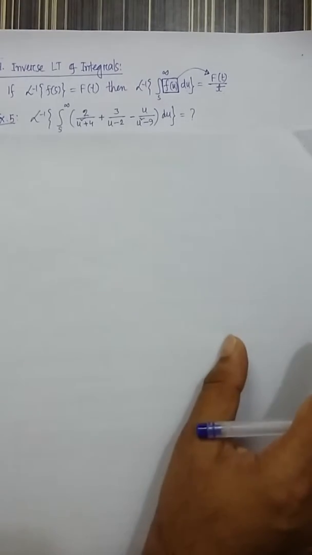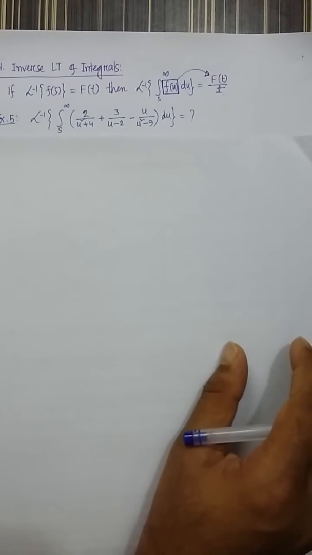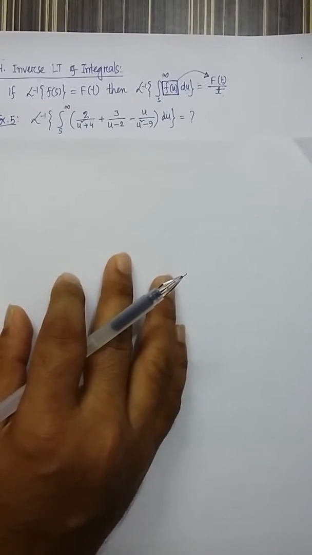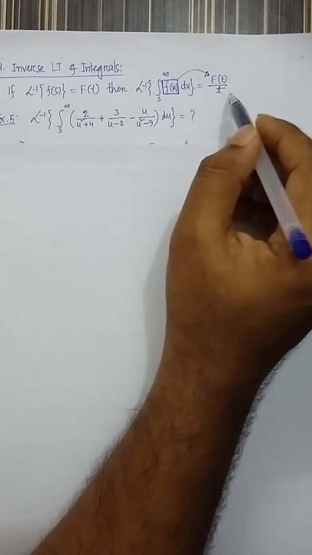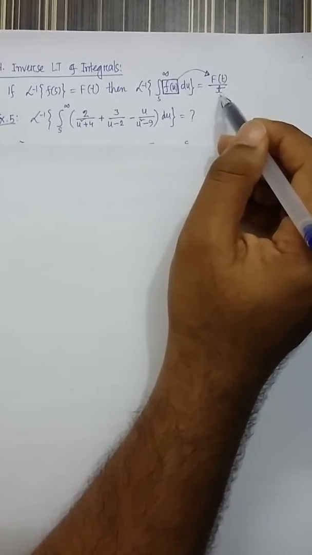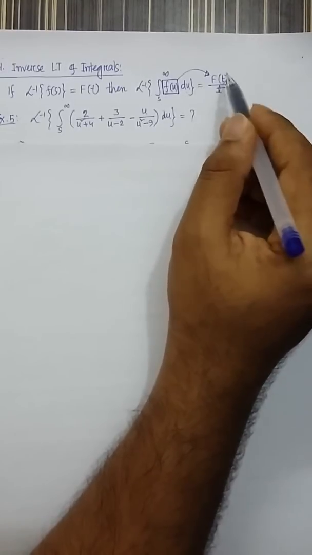Okay, so this is an example of the inverse transform of an integral. You may understand what the property is. The integral from s to infinity was in the previous Laplace transform property of division by t, that is f of t by t.